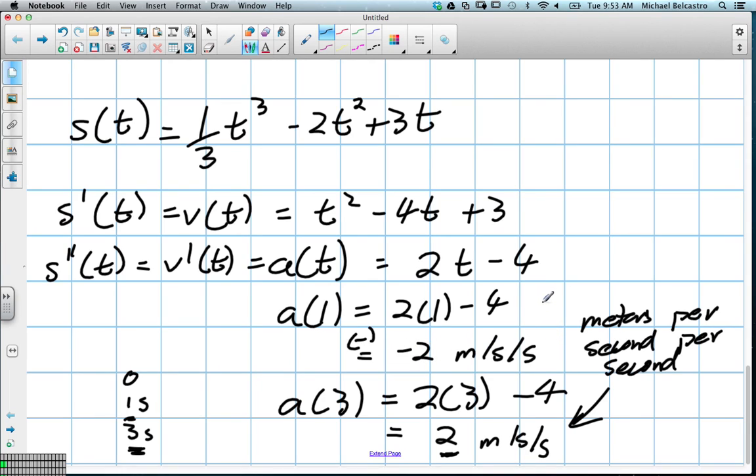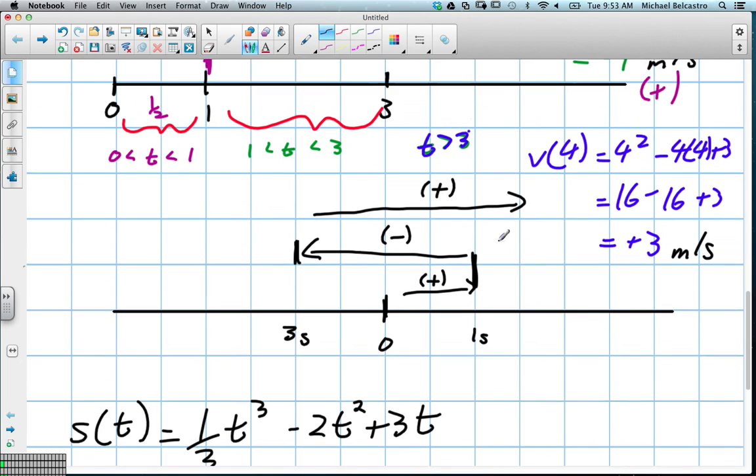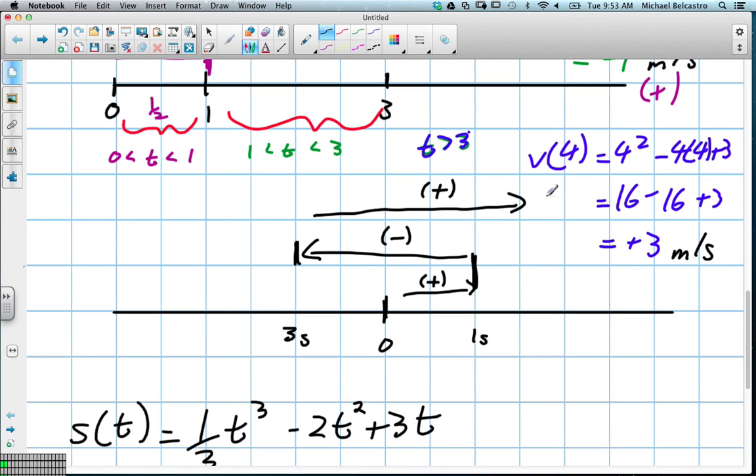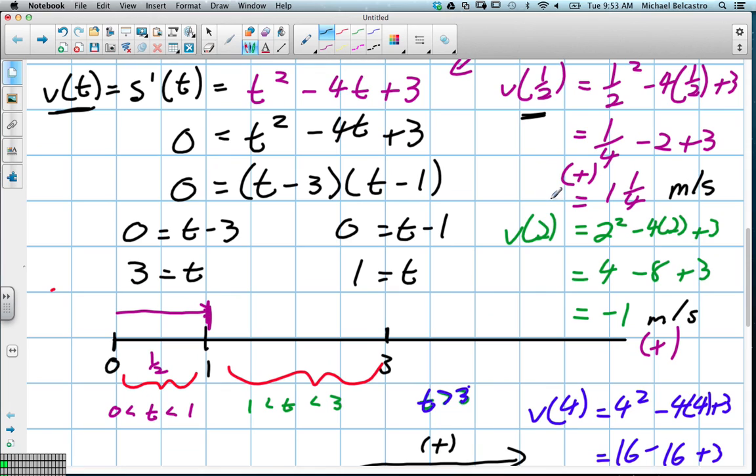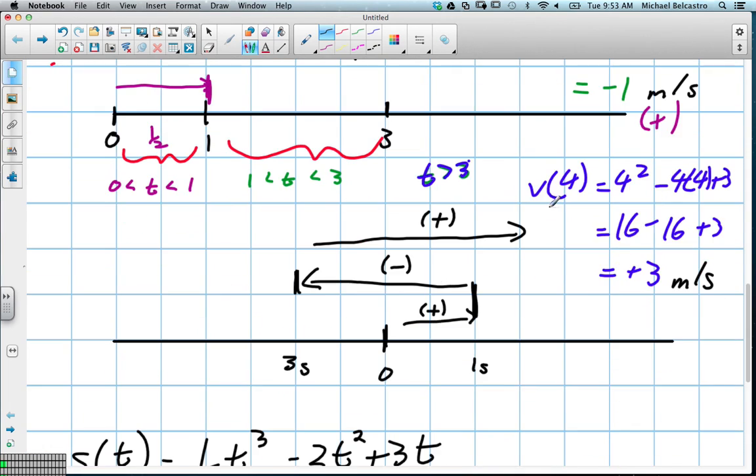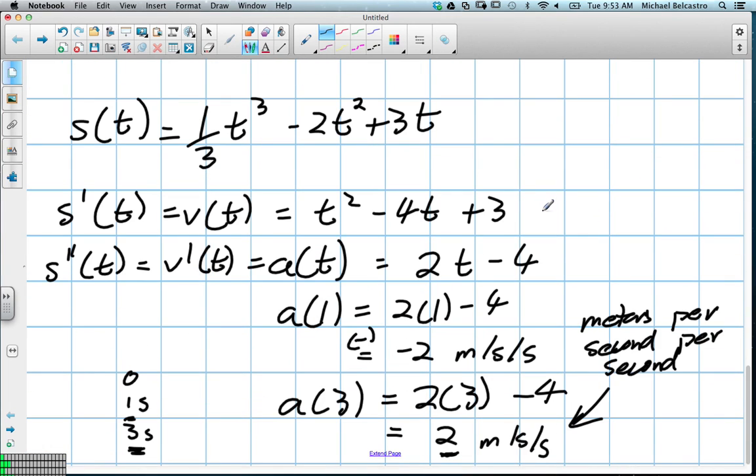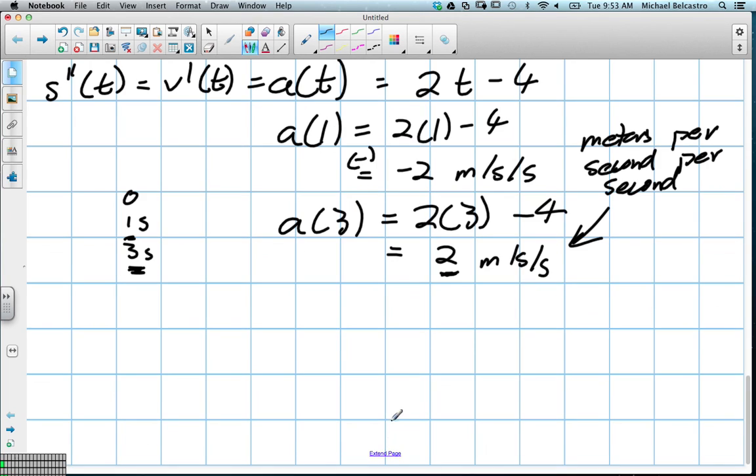Now what we also want to test out is our values that we put in of a half, 2, and 4. What we're going to do here is take our half, our value of 2, and our value of 4.